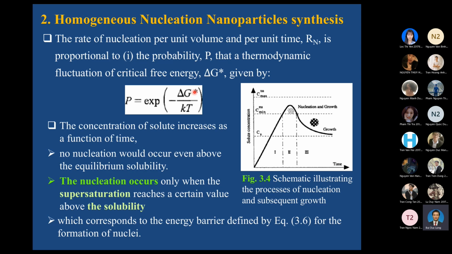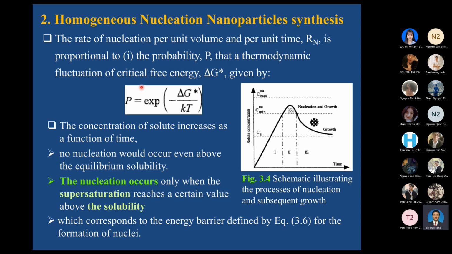So if ΔG star is small, the probability of finding a nucleus in the solution will be higher.